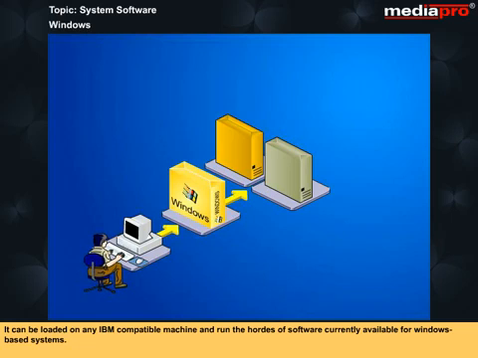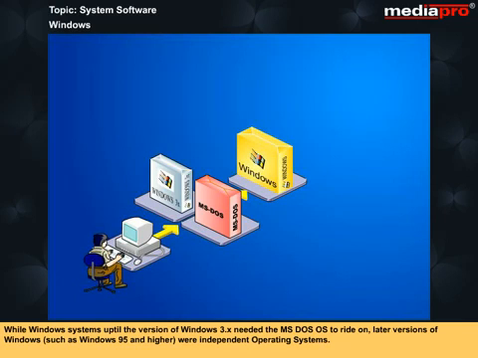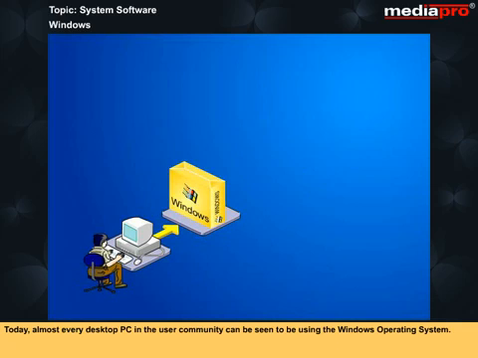It can be loaded on any IBM-compatible machine and run the hordes of software currently available for Windows-based systems. While Windows systems up to the version of Windows 3.x needed the MS-DOS OS to ride on, later versions of Windows, such as Windows 95 and higher, were independent operating systems. Today, almost every desktop PC in the user community can be seen to be using the Windows operating system.